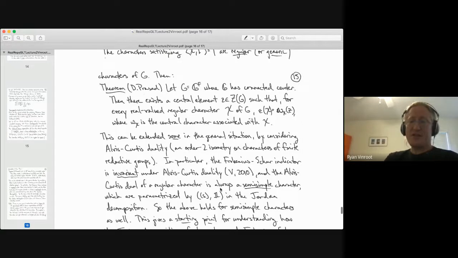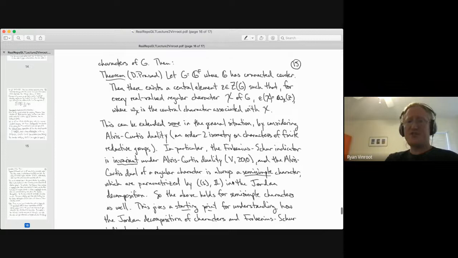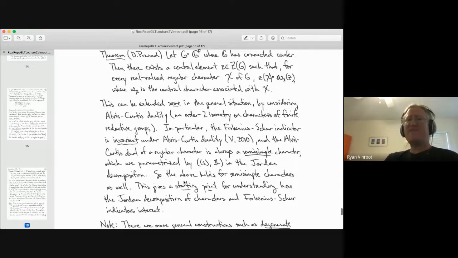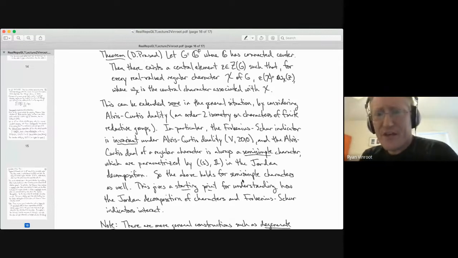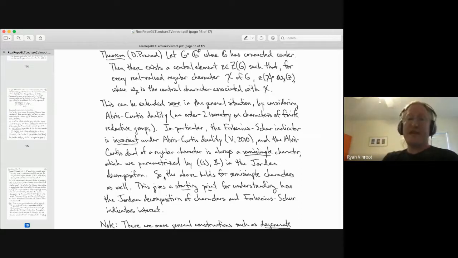So through this result, one gives a start of how the Jordan decomposition might guide the Frobenius-Schur indicators of characters in general.